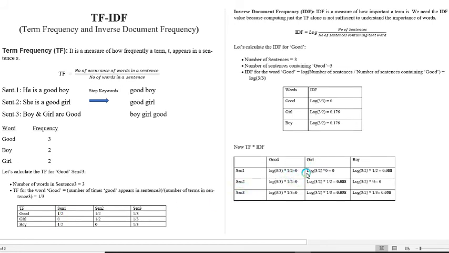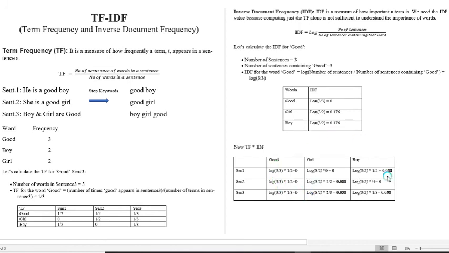Again for the second word, it will be log 3 by 2 into 0, which is coming from this one, so it will be 0. For the third word, it's log 3 by 2 into 1 by 2, which is 0.088. Similarly, you can calculate for sentence 2 and sentence 3 also.